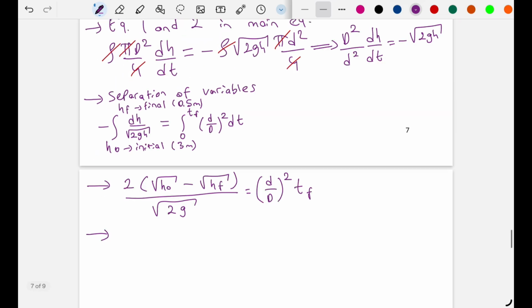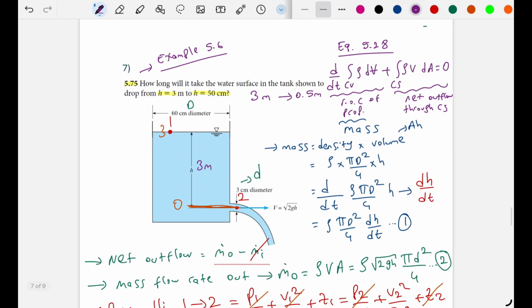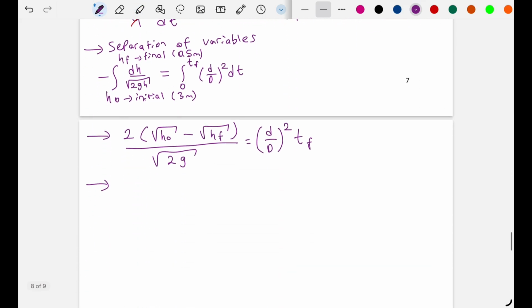So in the question we are asked to find how long it will take. So we can leave the time term alone.